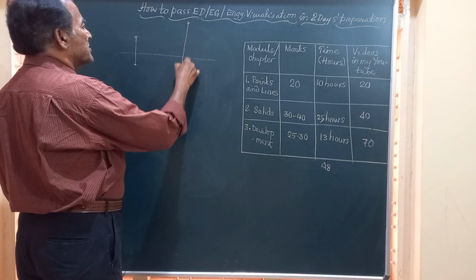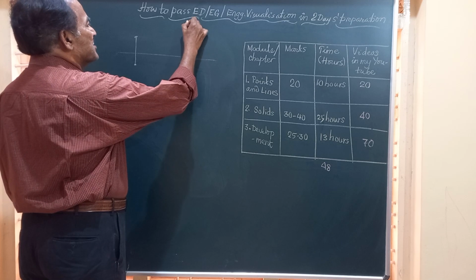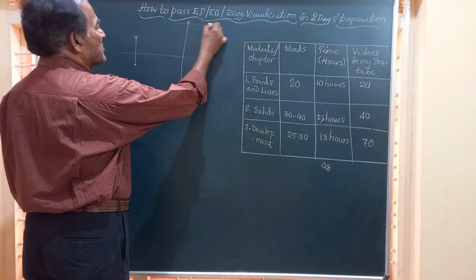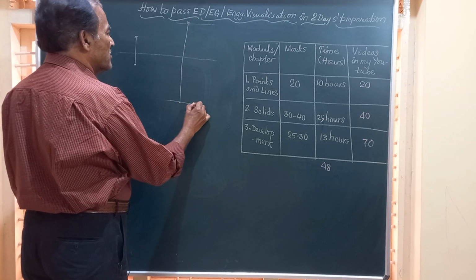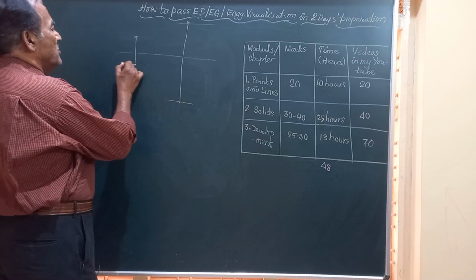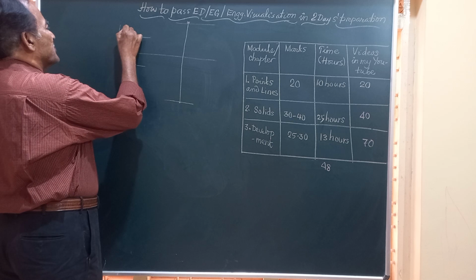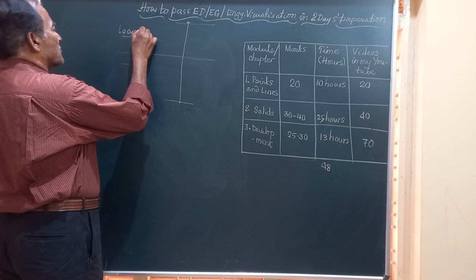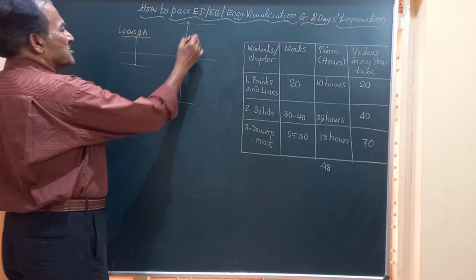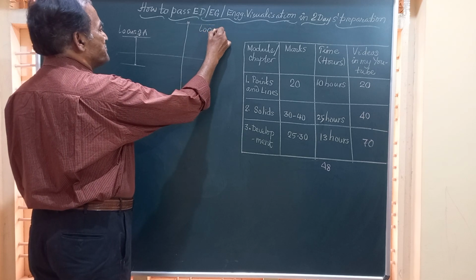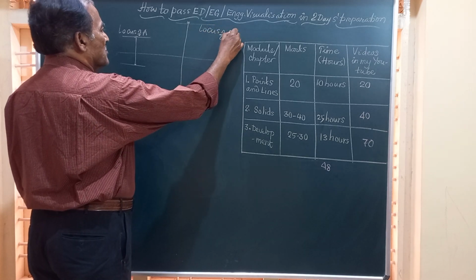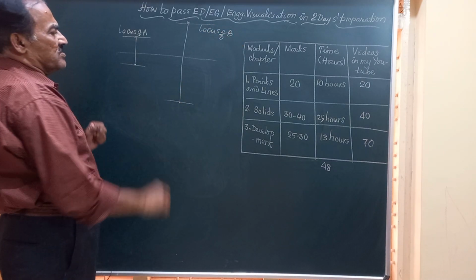They will give you the distance of B, that is, say this point is the locus of B in the top view, locus of A in the top view, locus of A in the front view, locus of A, this is locus of B. Similarly, locus of B and locus of B.